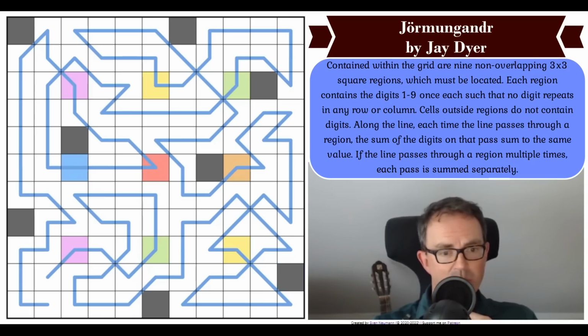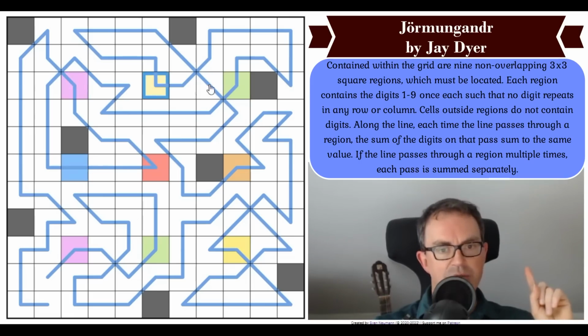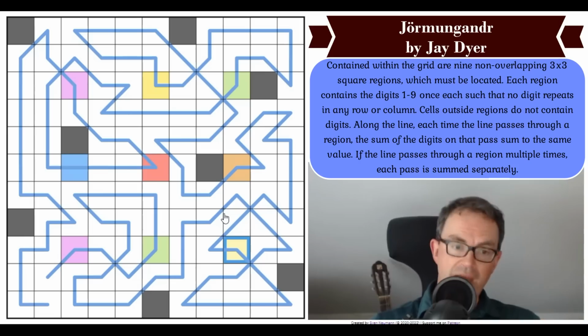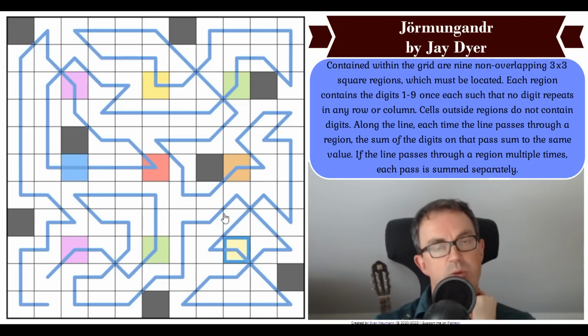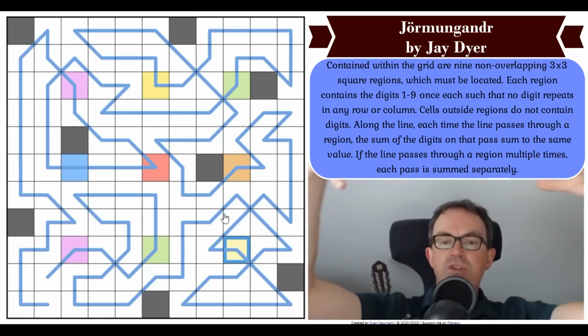It actually would be quite important if I have missed one, because what I was thinking was, given I know that each of these coloured digits is definitely in a region and in a different region, is it necessarily the case that there's a 3x3 region in this puzzle that entirely has line in it? Because if that was true, then we would know that as the line dipped in and out of that region, it must pick up all the digits in that region.